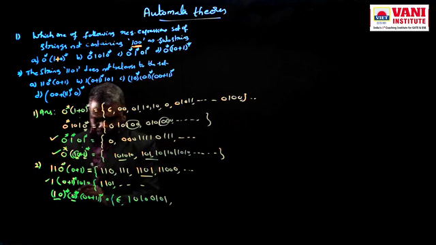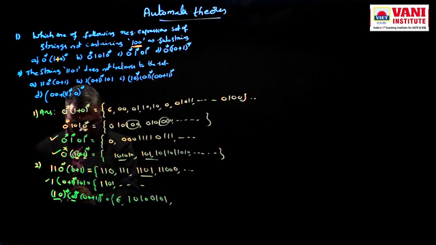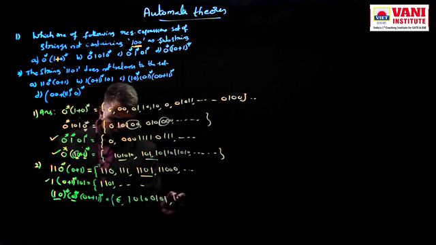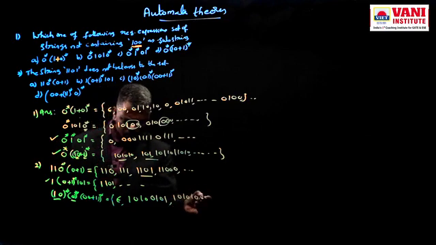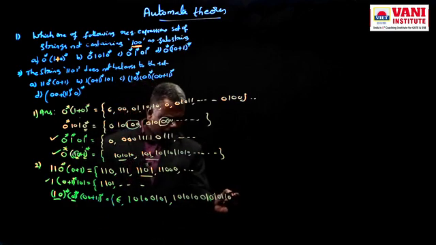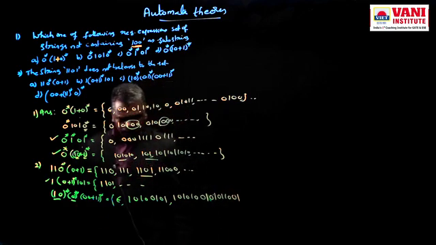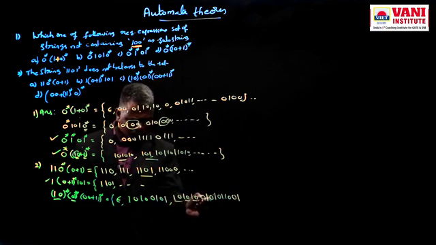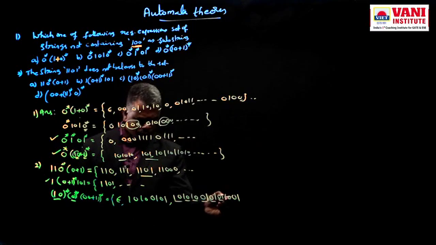So you can write 1 0 1 0 1 0, and again any number of 0 1s, followed by 0 1. That is 1 0 1 0 1 0 0 1 0 1 0 1 1 0 0 1.